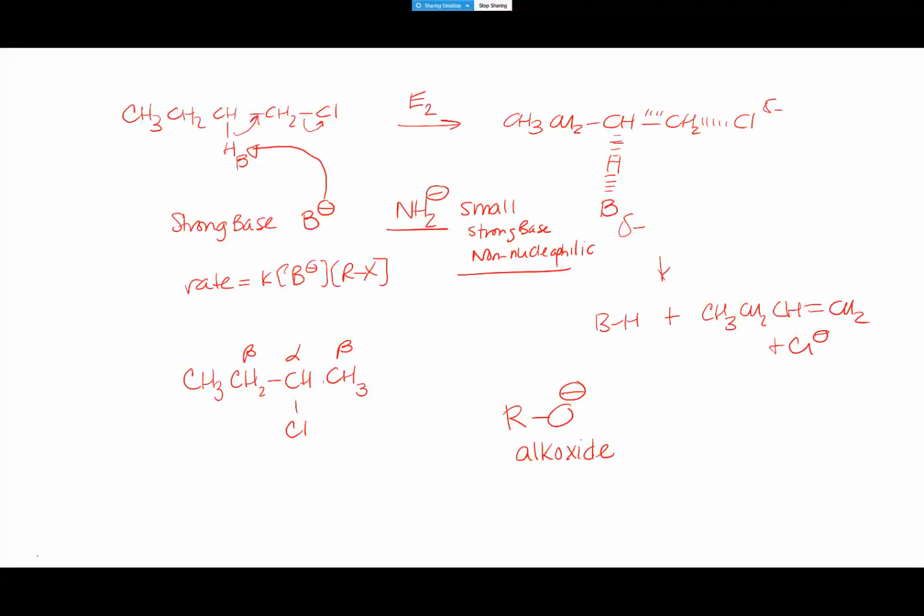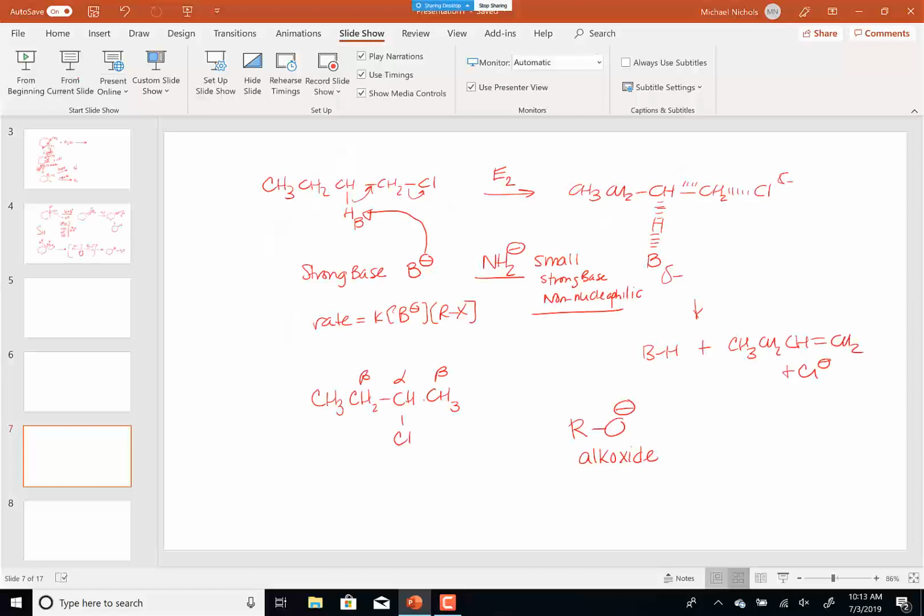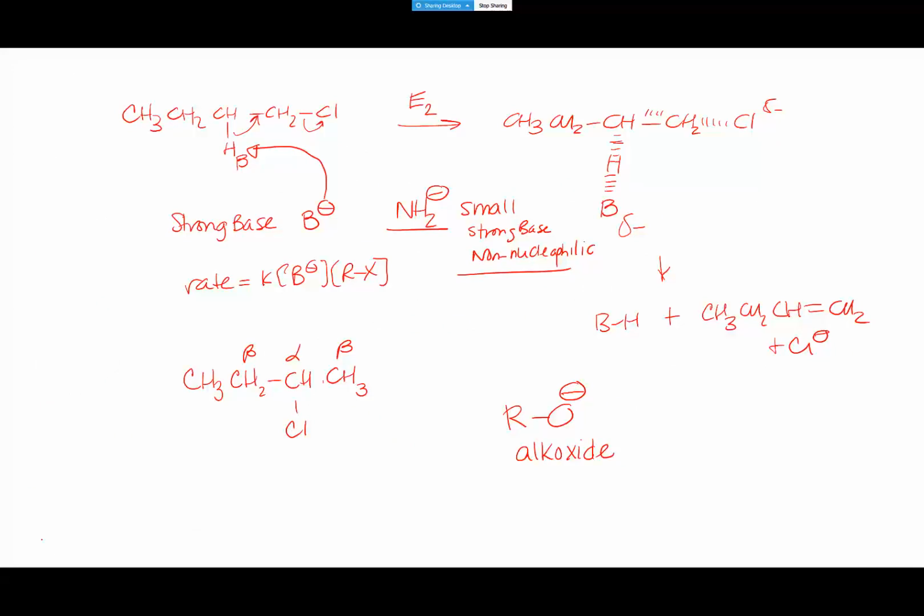Because it's a deprotonated alcohol. So the oxide is basically a suffix we use to indicate that something has a negative charge on it. So an alcohol, when it's deprotonated, becomes an alkoxide.